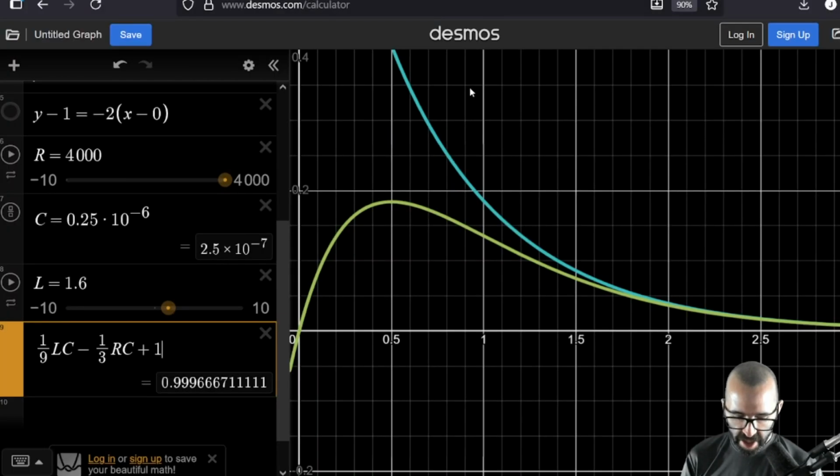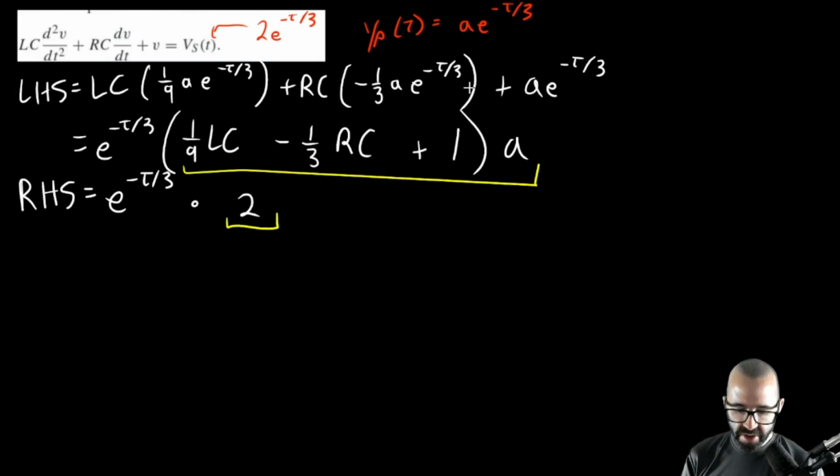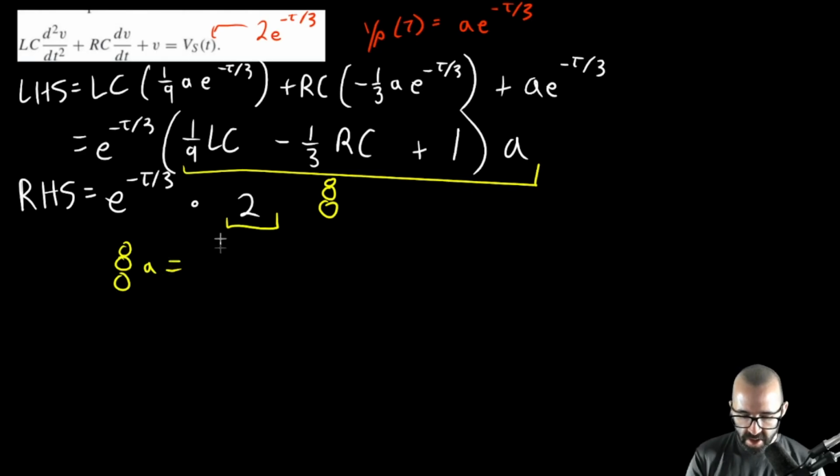Interesting. This is about equal to 1. So this times a needs to equal 2. So if this times a needs to equal 2, let's call this mumbo jumbo. I don't know. We'll call it snowman. Snowman times a equals 2.